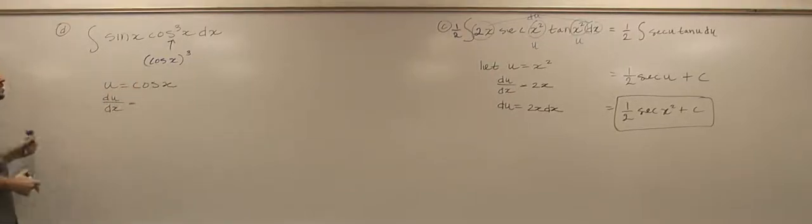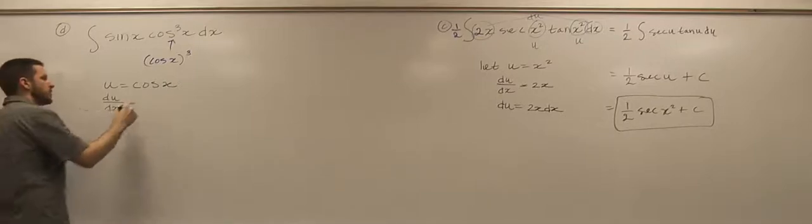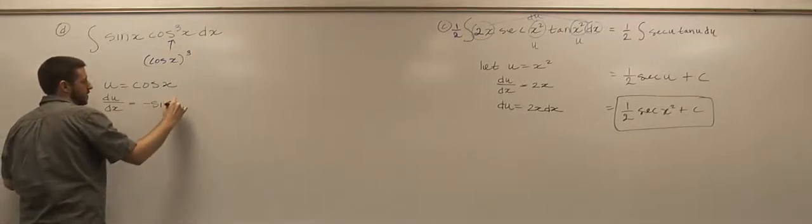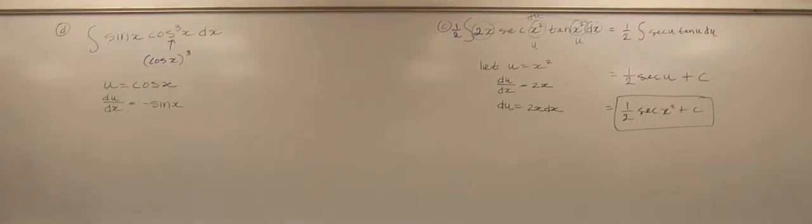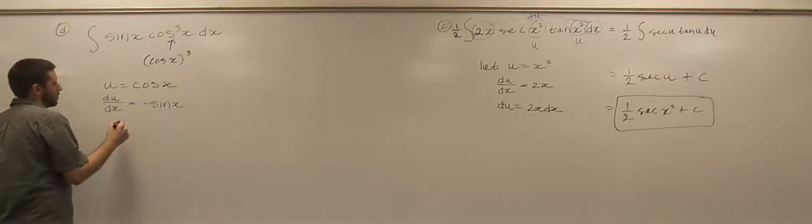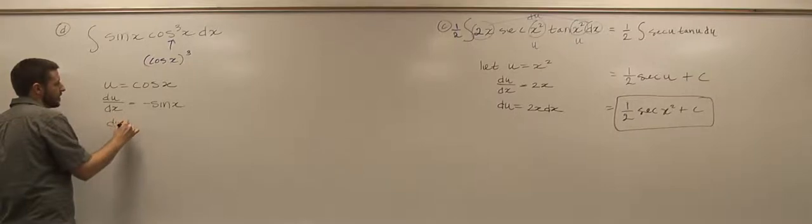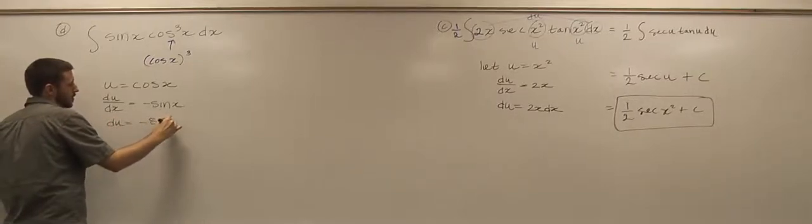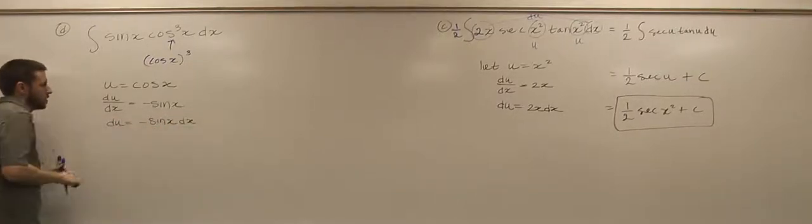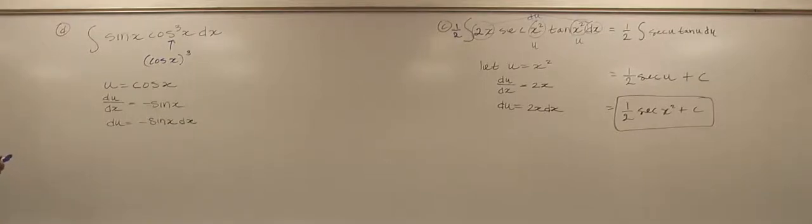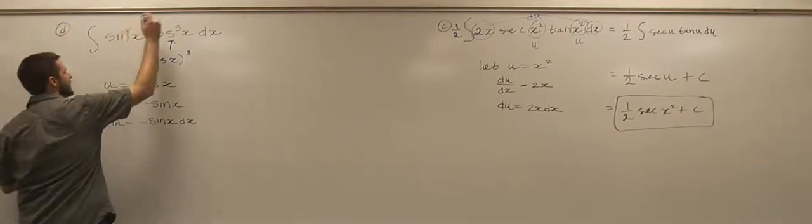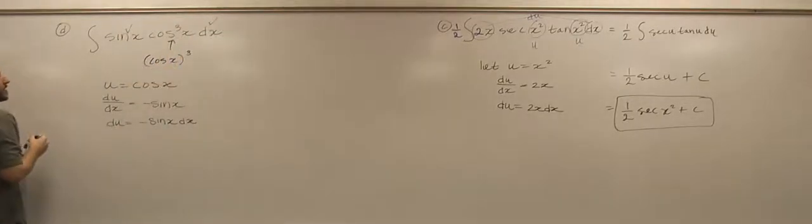So if I make u cos x, du dx would be negative sine x, right? Derivative of cosine is negative sine. Then I want to solve for du. So du is negative sine x dx. So I have sine x and dx, but I don't have the negative.